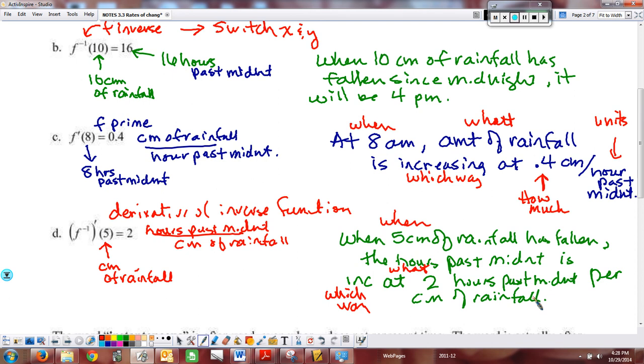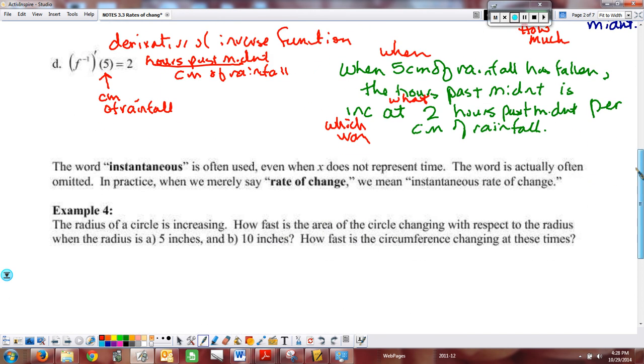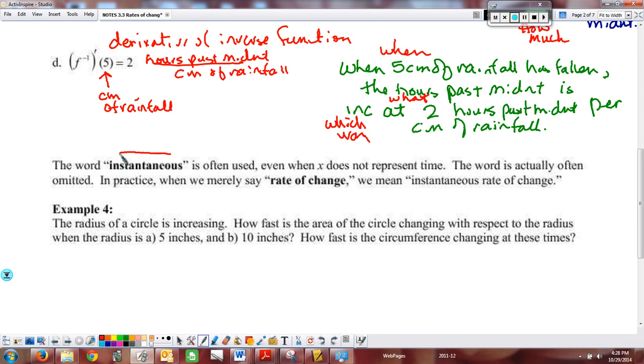All right. Now, a lot of times when we're looking at these interpretations, we do use the word instantaneous, but it does not have to be instantaneous in reference to time. Basically, a lot of times we really just say this is how fast the quantity is changing based on some other input variable. So it is your interest rate per dollar amount that you have in the account.